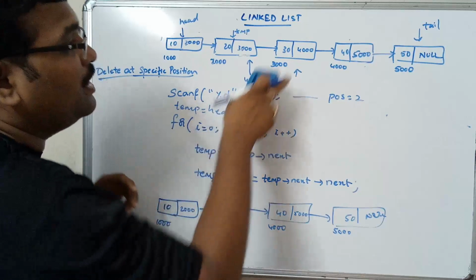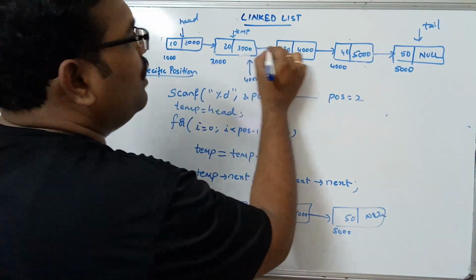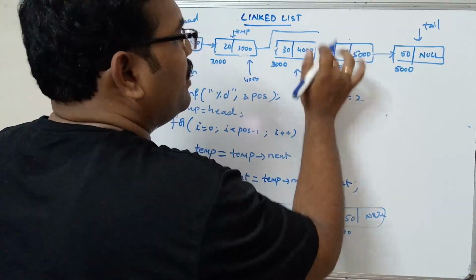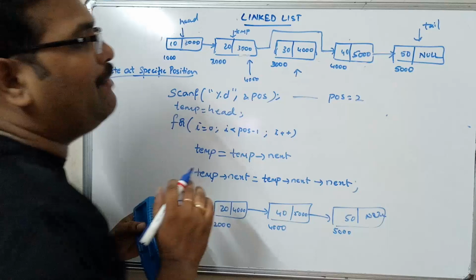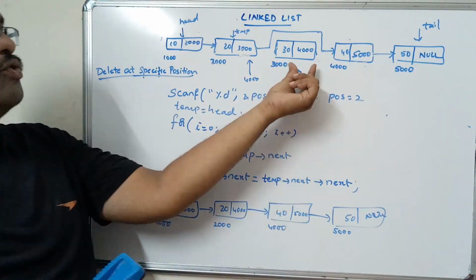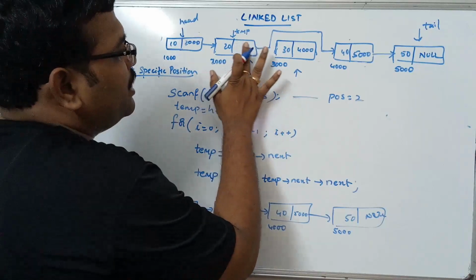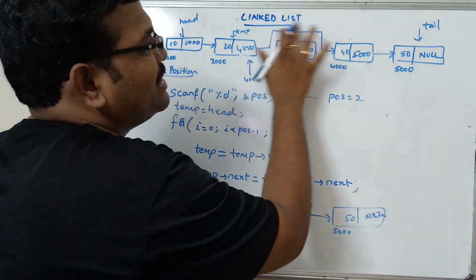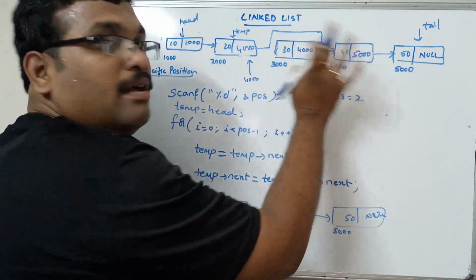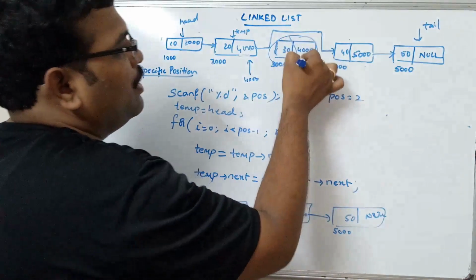So obviously the link will be disconnected here, and the link will be connected to here. So this node will be left single. After executing this code, instead of 3000 we are placing 4000, so automatically the link is established between 20 and 40. So this node will be single.